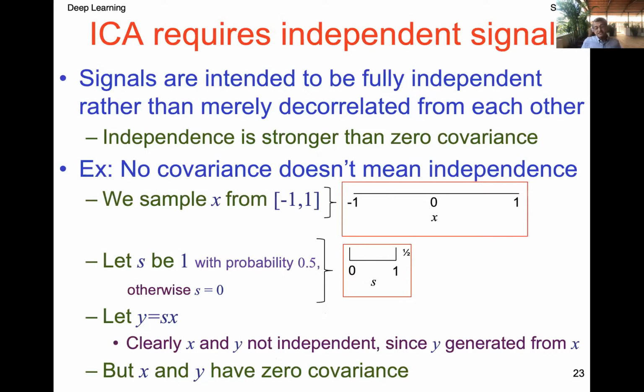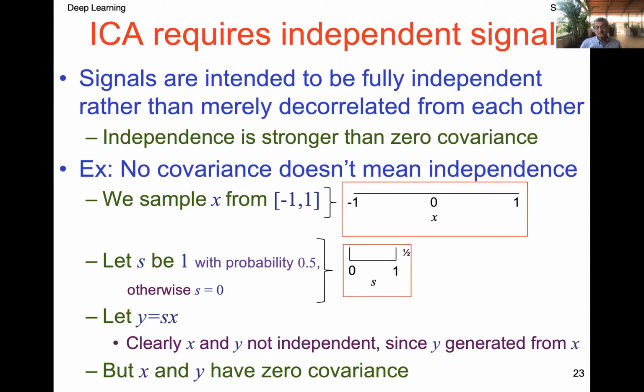This is an interesting slide. You might want to know this irrespective of this lecture. This gives you an example that independence and no covariance are not one and the same. Signals are intended to be fully independent rather than merely decorrelated from each other.